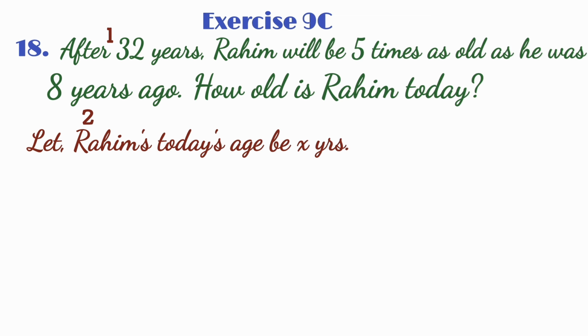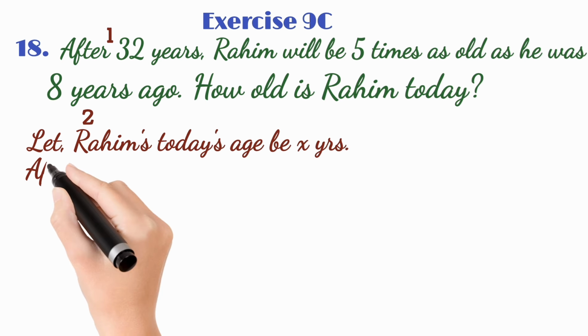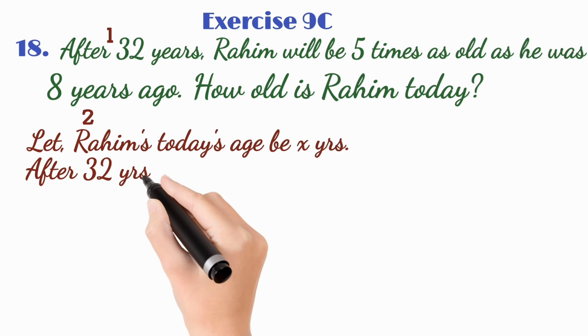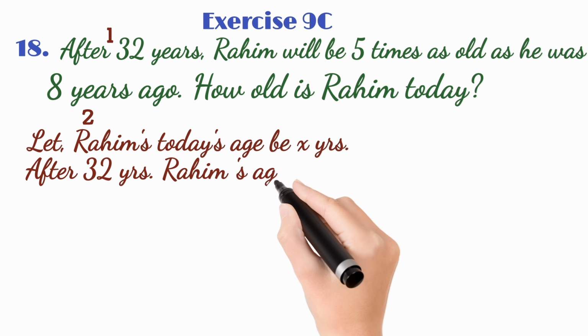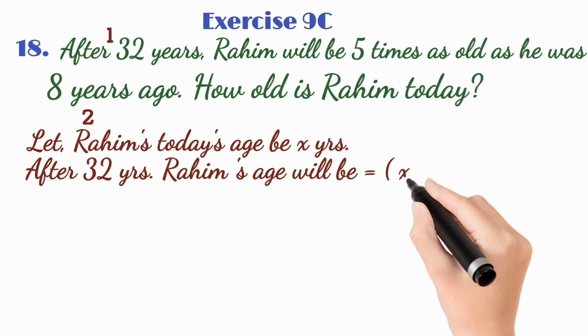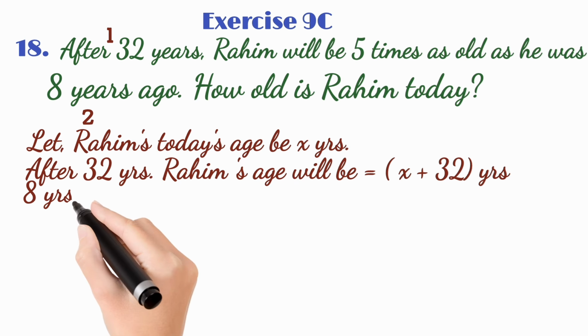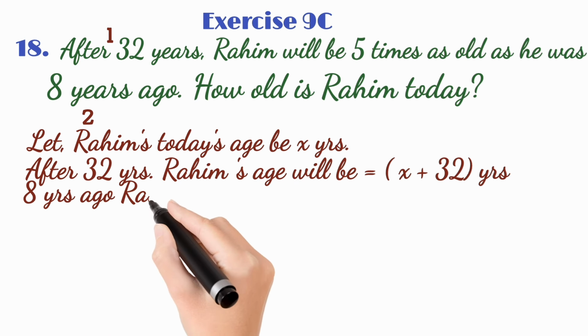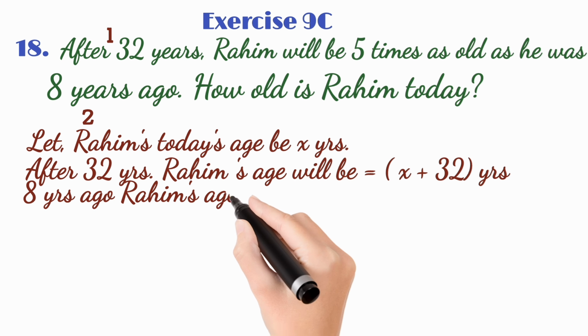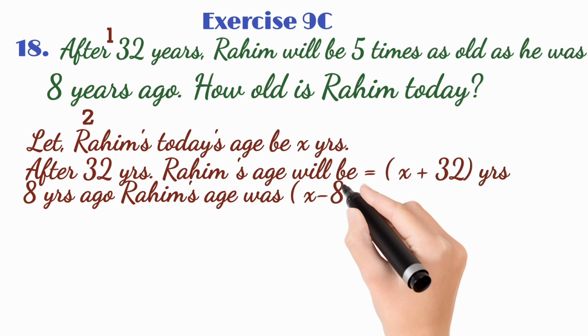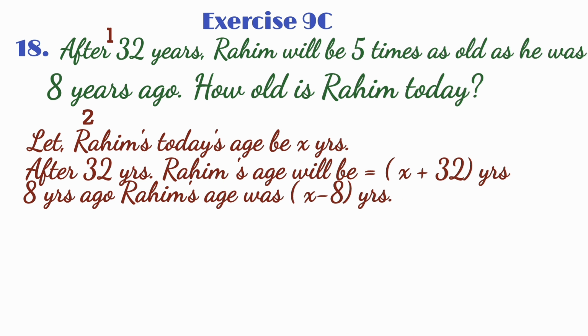Now first statement we convert into mathematical form. After 32 years Rahim's age will be x plus 32 years. Next, 8 years ago Rahim's age was what? Present age is x. So, x minus 8 years.